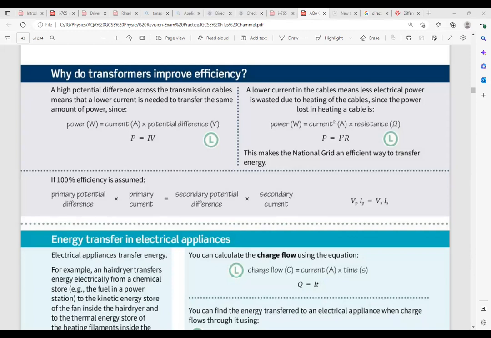Potential difference is exactly like the energy used between two points in the circuit.